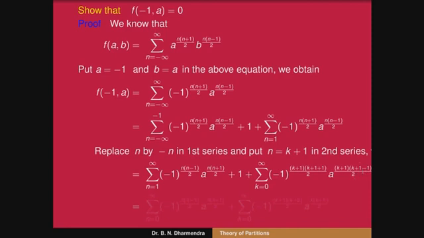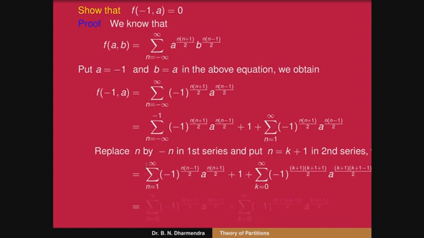Here plus 1 and minus 1 get cancelled, that is k into k plus 1 by 2, here k plus 1 into k plus 2 divided by 2. And also the term 1 is there. When I take n equal to 0, that is minus 1 to the power of 0 into a to the power of 0, that becomes 1.